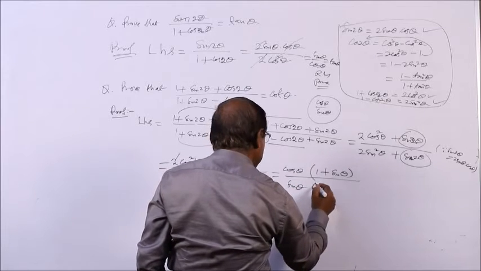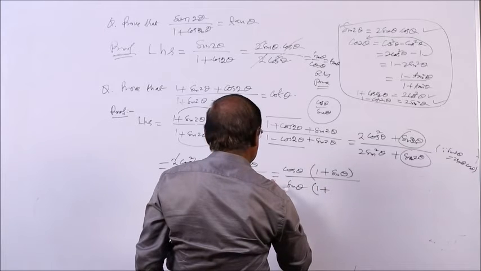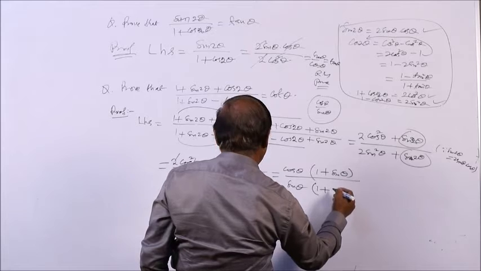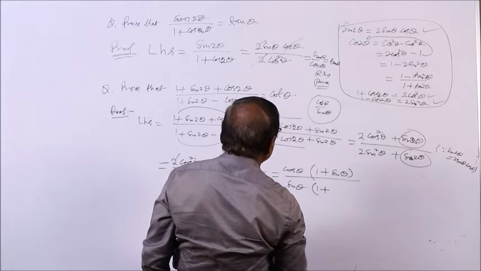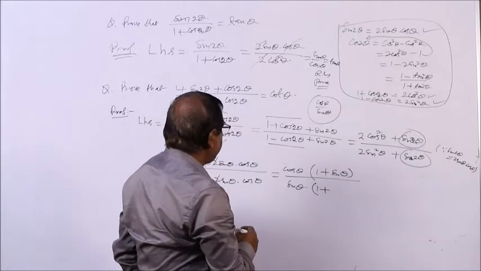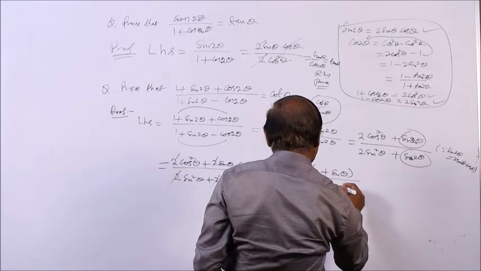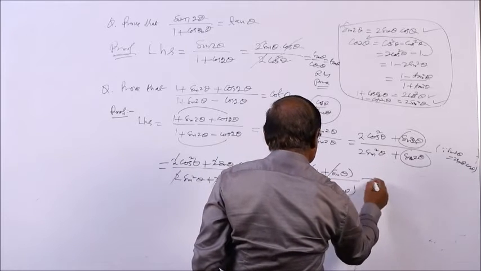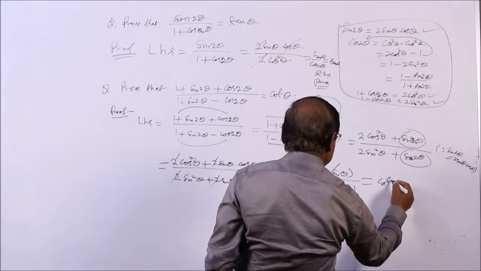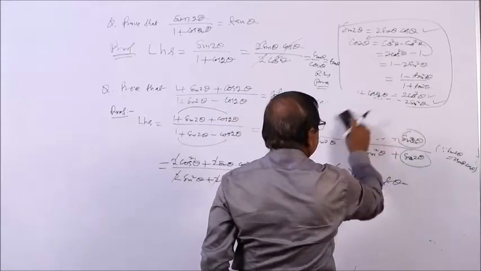So this becomes sin theta into (sin theta plus cos theta). So this goes, and this is cot theta, right? So it is proved.